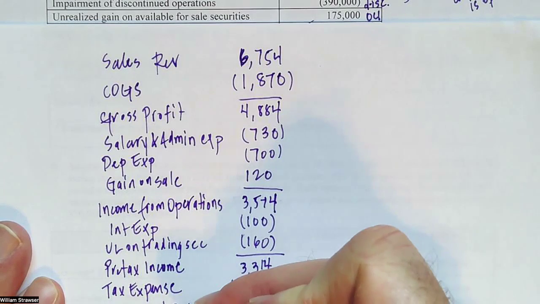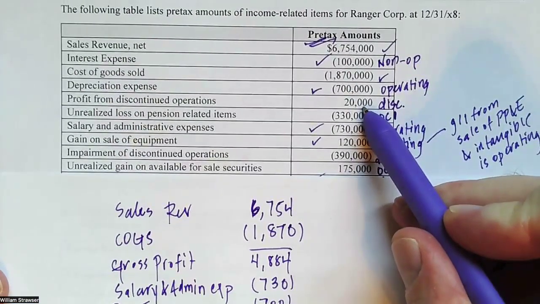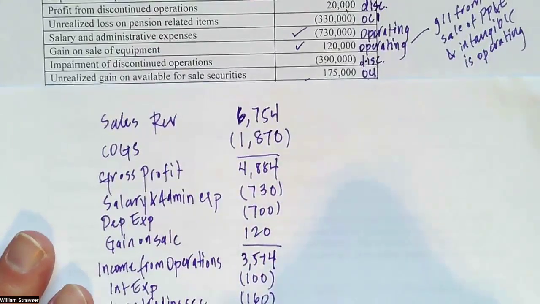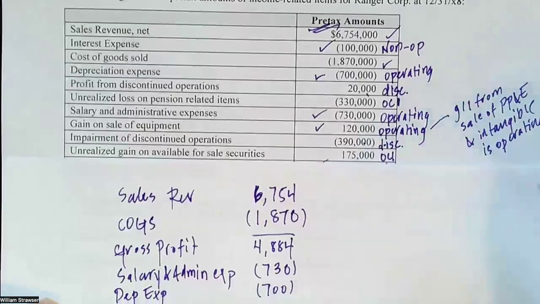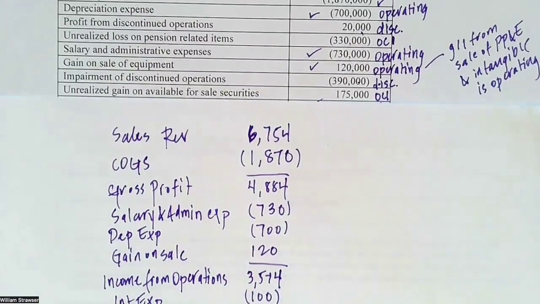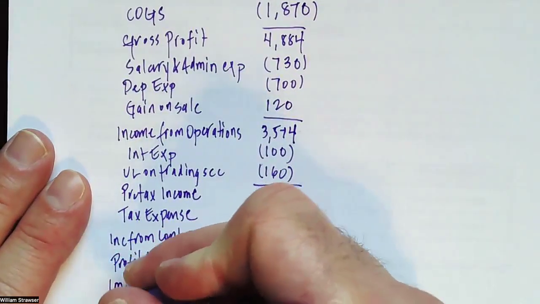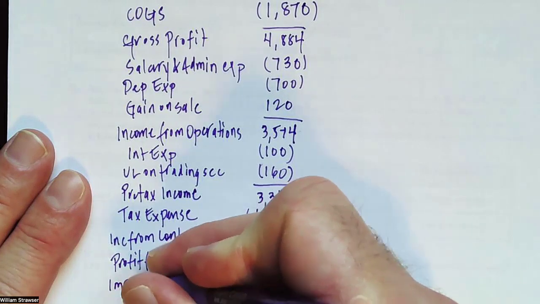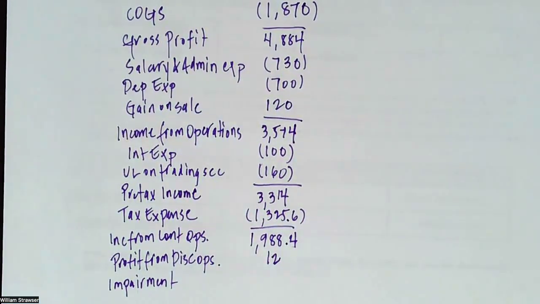So the profit from disc ops is 20,000, but after I take a 40% tax out of that, I'm only left with 12,000. The impairment is 390,000 loss. Of course, impairments are always losses. But after I take tax from that, it's going to become, let me do that one more time.